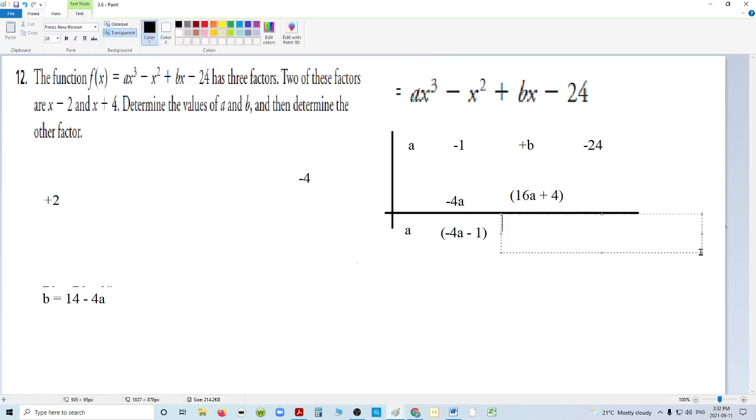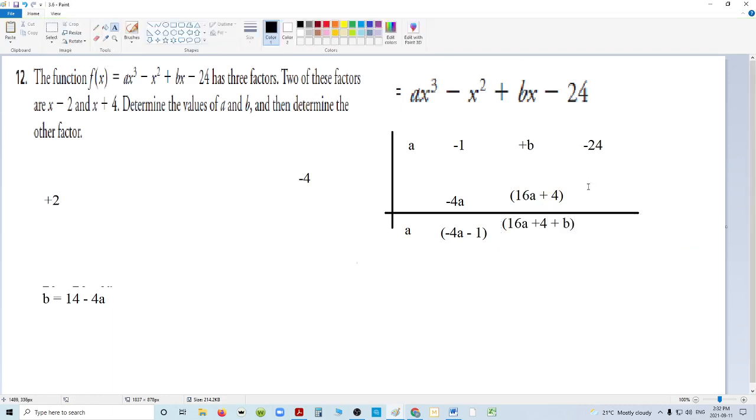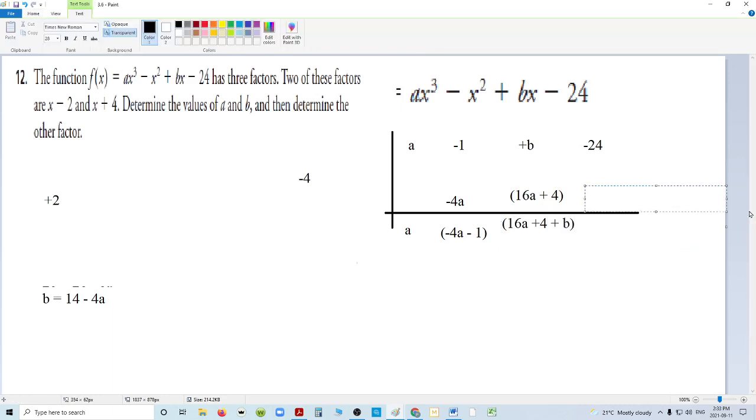When we add those together, we get 16a plus 4 plus b. And when we multiply that by minus 4, we get minus 64, minus 16, minus 4b.